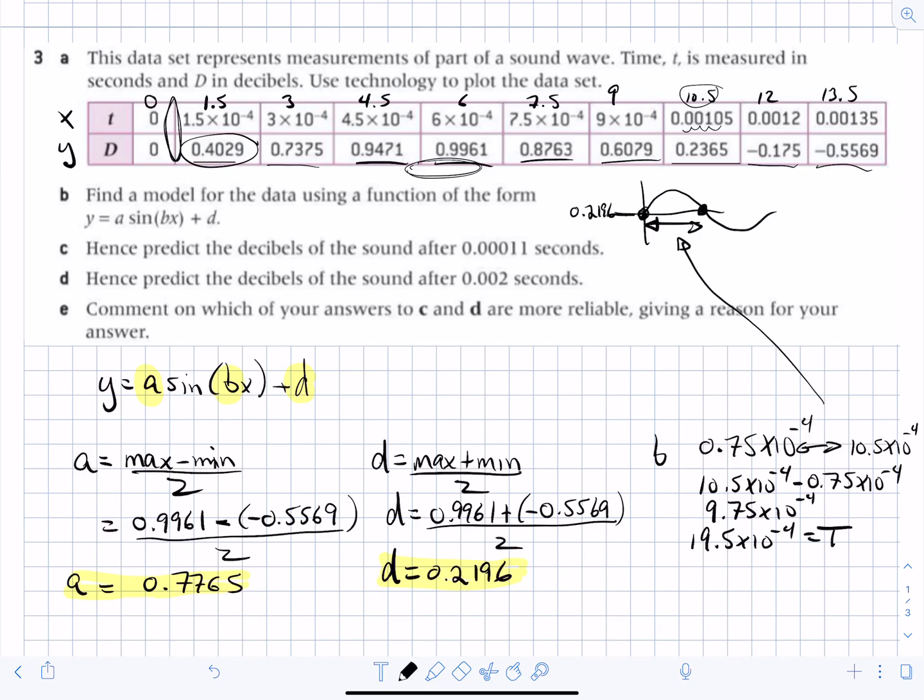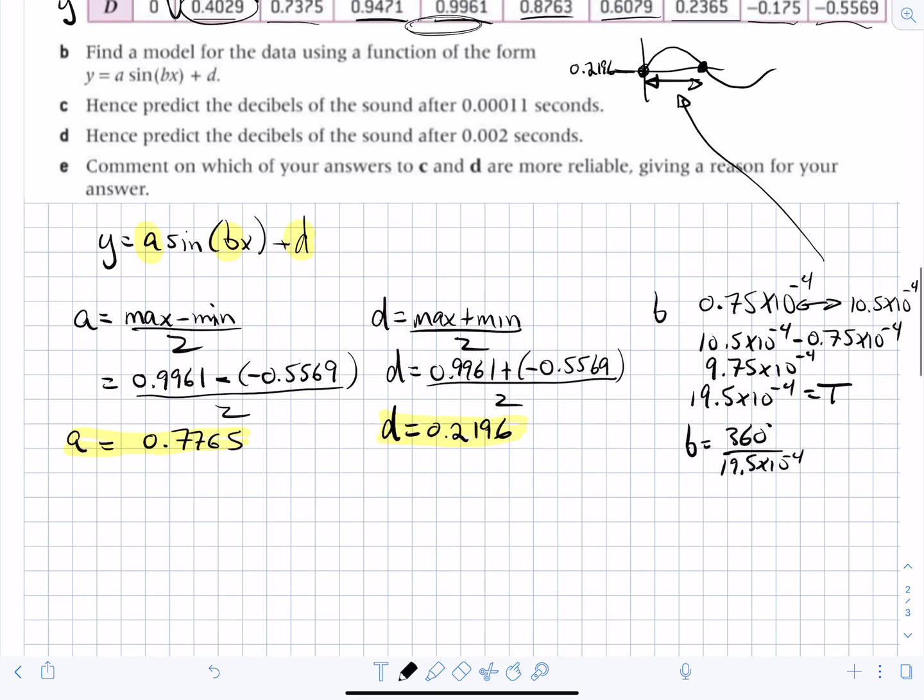So what's B going to be? It's going to be 360 degrees divided by 19.5 times 10 to the negative 4. That's what it's going to be. Whew. That was a little bit of work.